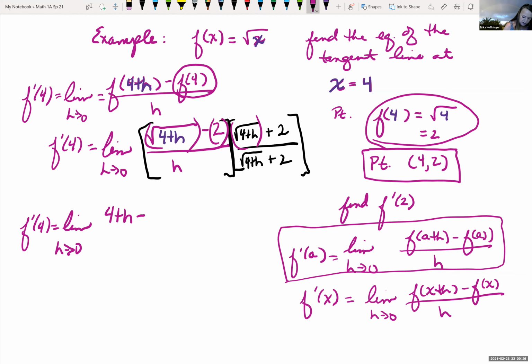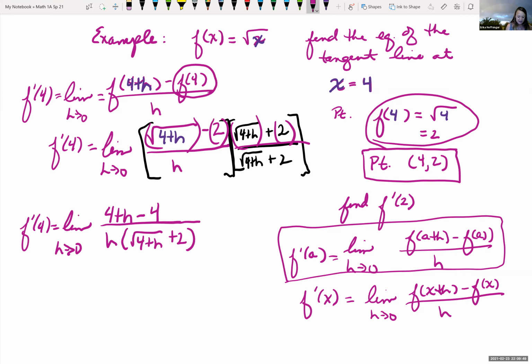Minus the square of the second grouping, which is 2, so minus 2 squared, which is 4, all over h times the denominator, parentheses square root of 4 plus h plus 2.